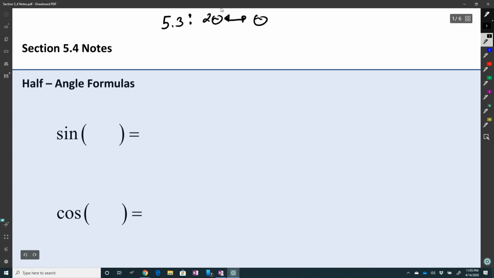Actually, I'll just say back and forth. And this is kind of the same thing, except now it's going to be between theta and theta over 2. So we're halving it instead of doubling it. But overall, it's just manipulations of equations that we did in 5.3. Anyway, let's go ahead and do this.